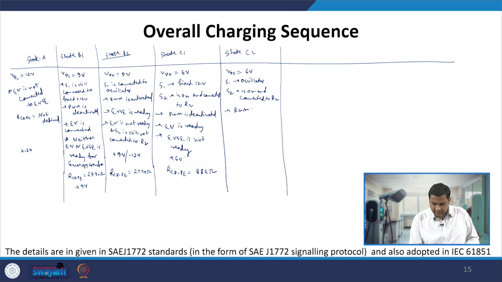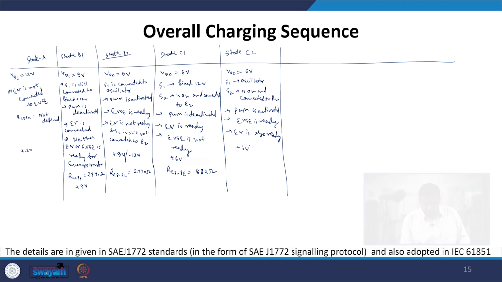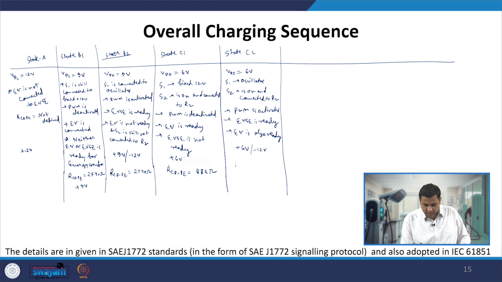PWM is activated, this indicates my EVSC is ready and my EV is also ready. Both are ready to do the energy transfer, and here we were getting the PWM to be plus 6 volt and minus 12 volt, and RCP and PE is the same as the previous C1 state, which is 882 ohm.